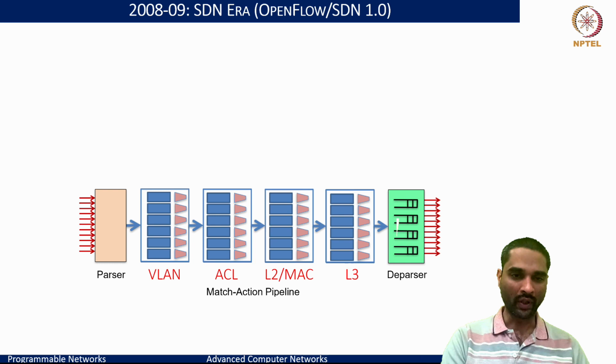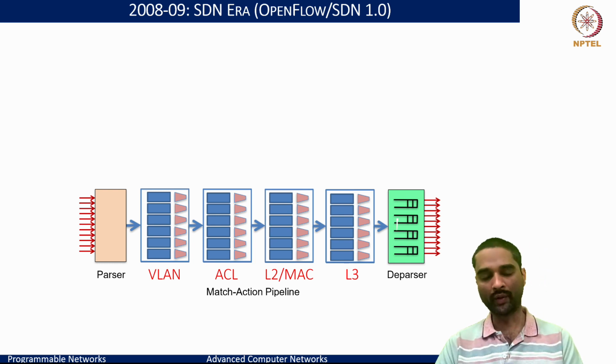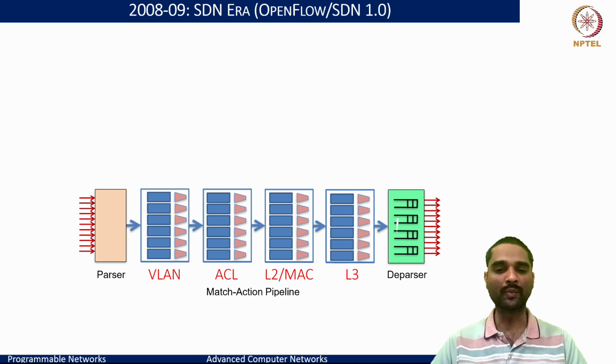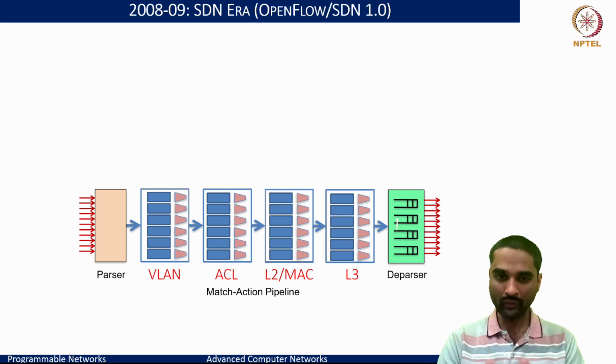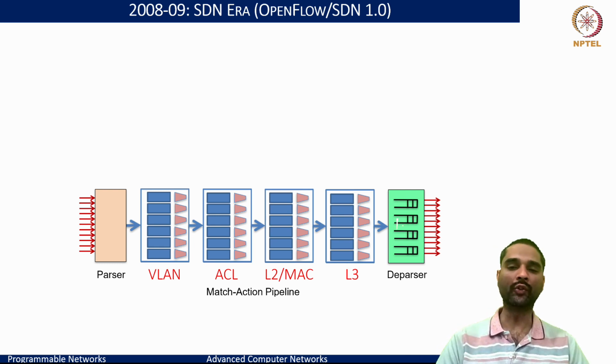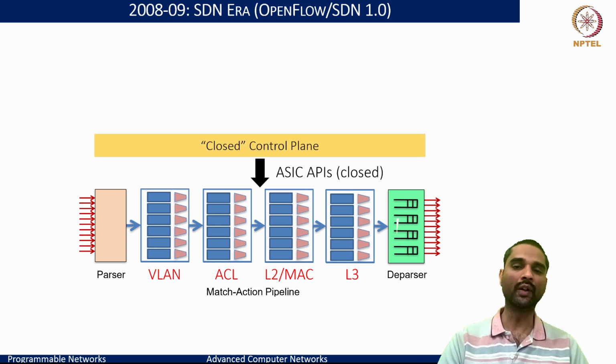In terms of what contents you can parse, what contents you can match or take specific actions, OpenFlow had no control over how these things would be done. This would still be done as if it's a closed vendor API that would dictate it.